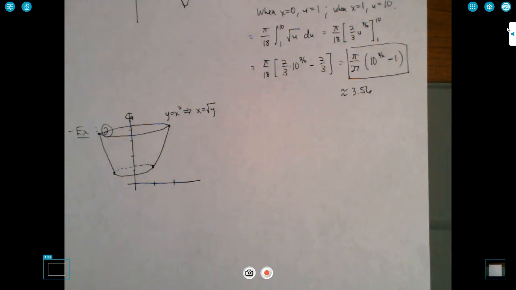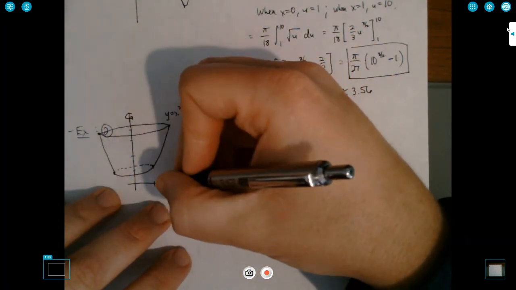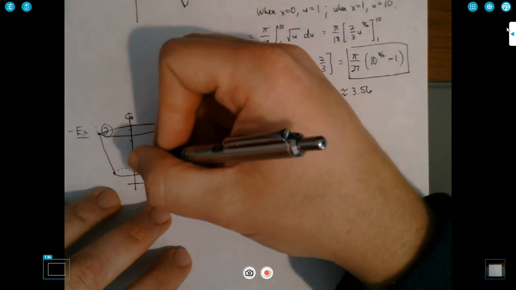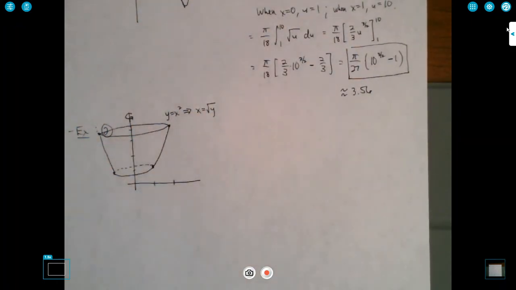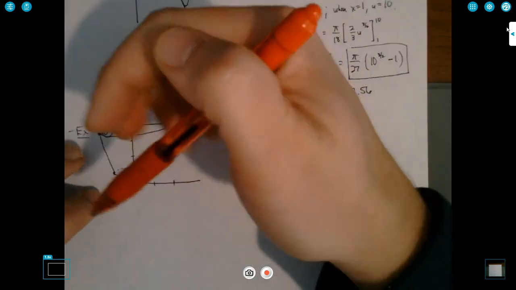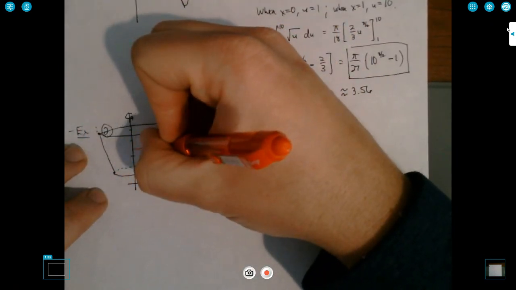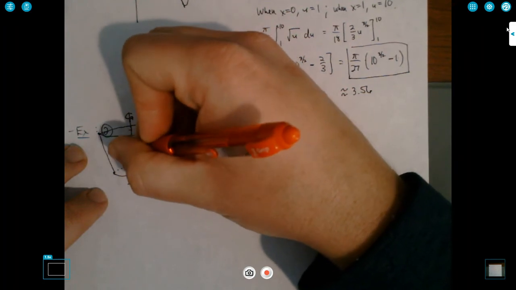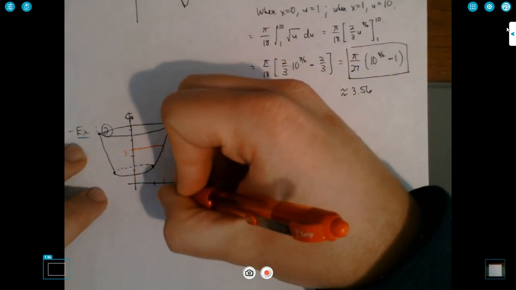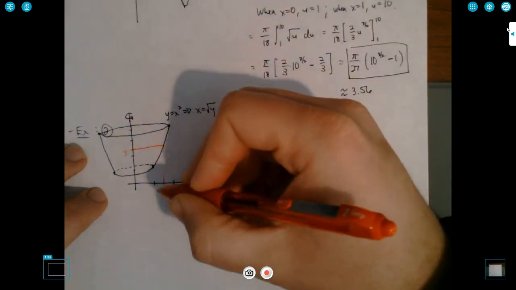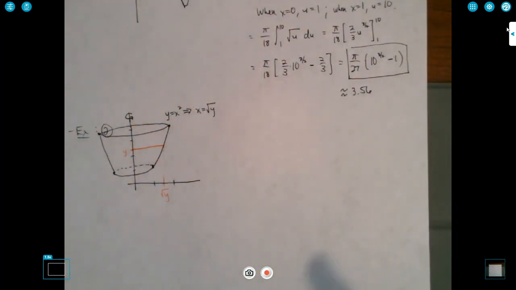So we've got x equals square root of y, and if we take any given cross section of this, like let's say we take this cross section here, what's the radius going to be? If this is y, then the radius is going to be the square root of y. It's going to be x, which is the square root of y.